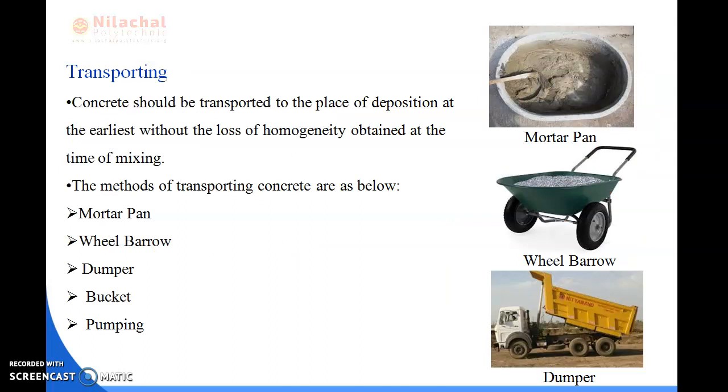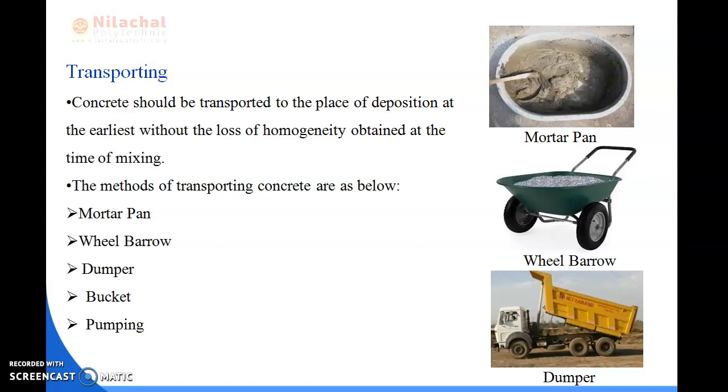So next is the transporting method. Before this, we have done the batching method, and then the mixing. After that we have to transport the concrete from one place to another. The concrete should be transported to the place of deposition at the earliest without the loss of homogeneity obtained at the time of mixing.